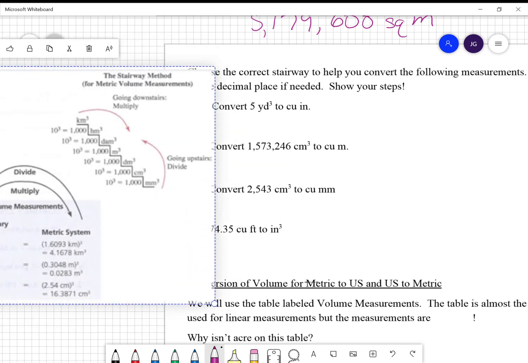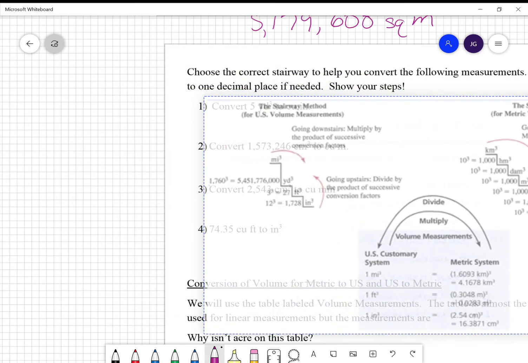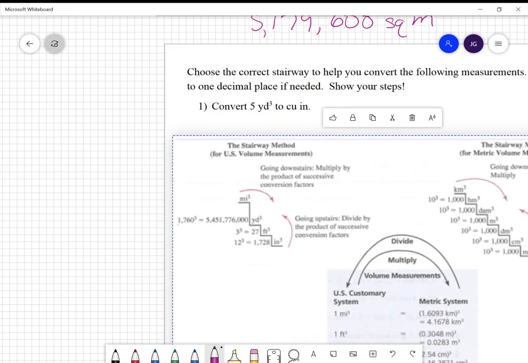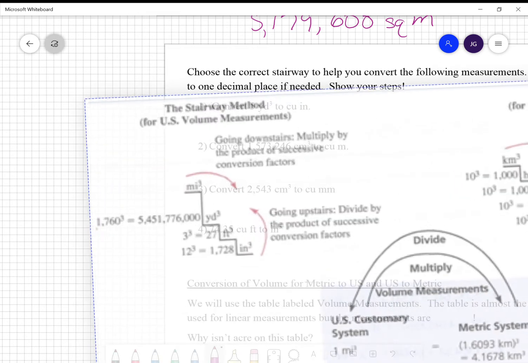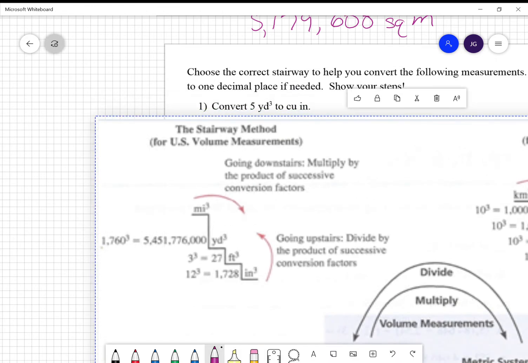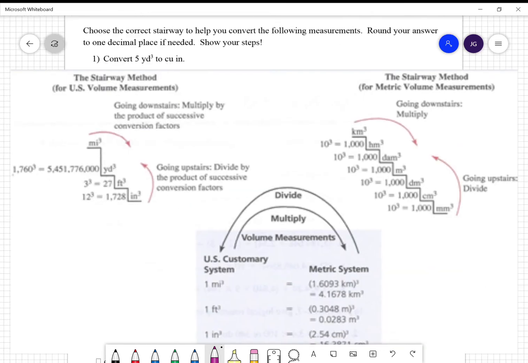Going from yards cubed to cubic inches. That's not metric. Okay, yards cubed. Let's make this a little bigger so you can see it. Yards cubed is here. I want to go to inches cubed, which is down 2 steps.